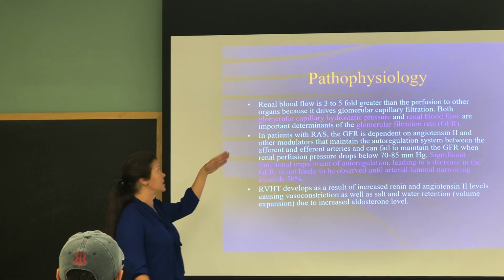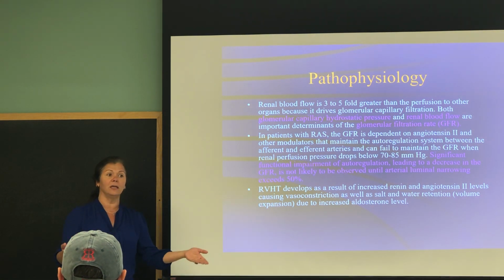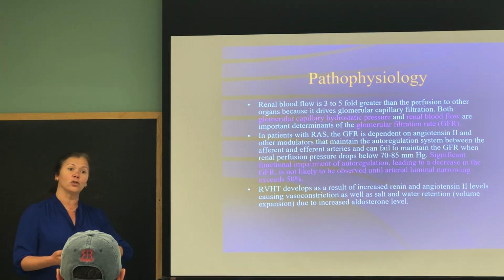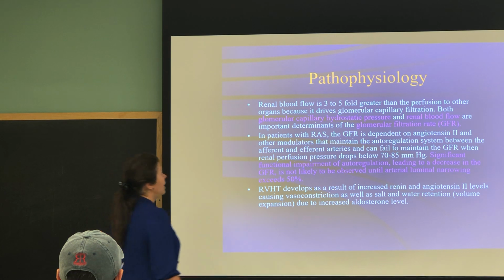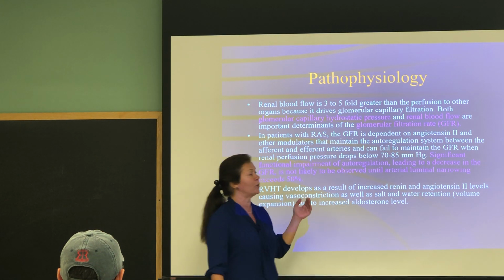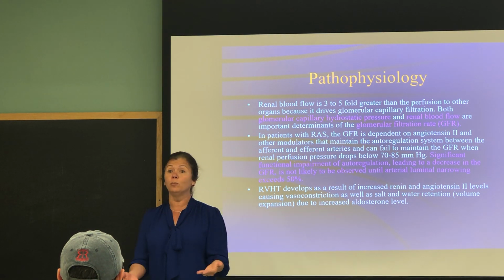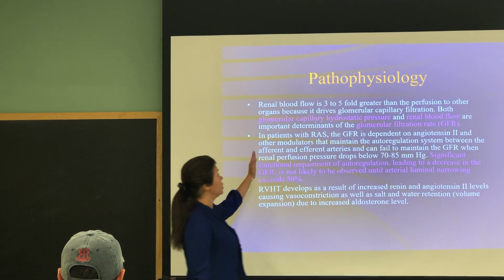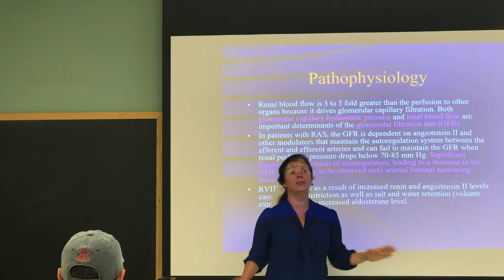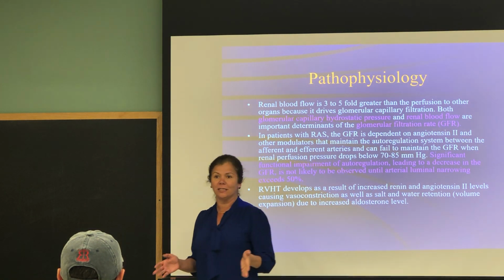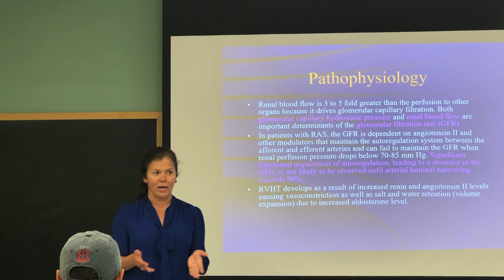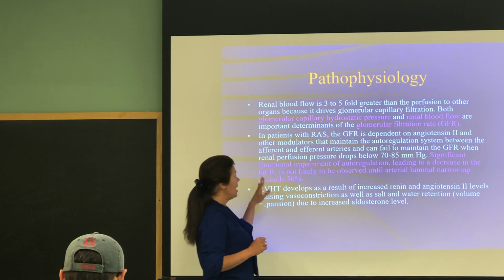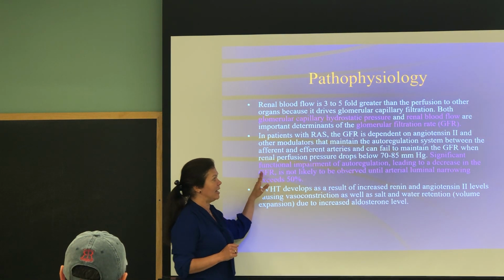Whenever the kidney goes into hypoperfusion, there is an increase of pressure at the level of the pre-renal arteriole, and therefore that increases the hydrostatic pressure, to be able to improve the glomerular filtration rate, right? Patients with renal artery stenosis are dependent on the renin-angiotensin-aldosterone system, the RAS system, to maintain autoregulation.